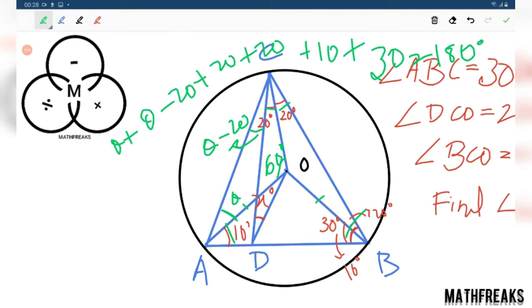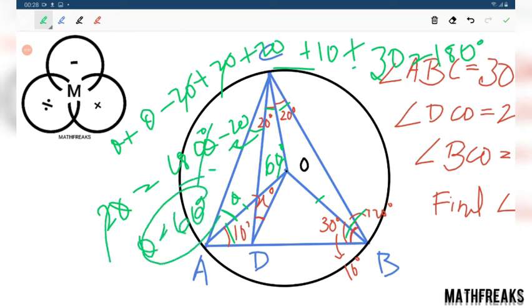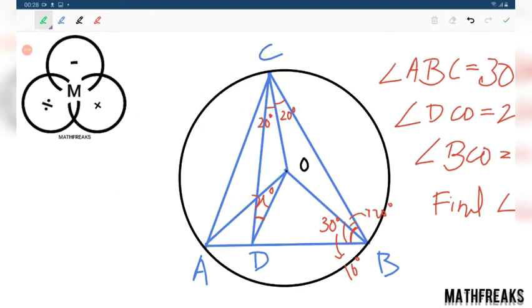From this we can find the value of theta. 2 theta equals 120. Theta equals 60 degrees. This will give us theta equals 60 degrees, this small angle is 10, 60 degrees.